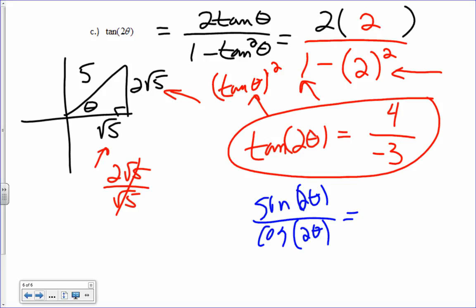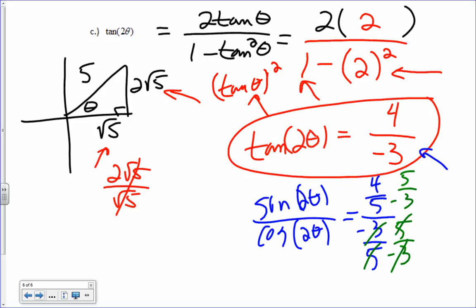Wasn't the last slide 4/5? 4/5 over, we already have cosine's answer for this particular setup, and it was -3/5. Do we see this becoming that answer? Yeah. Okay, use all of this stuff, because then we're going to multiply by that, because this green is just 1. And that's why we do that. Oh, hey, just keep going. And there's your -4/3. It works out really well.